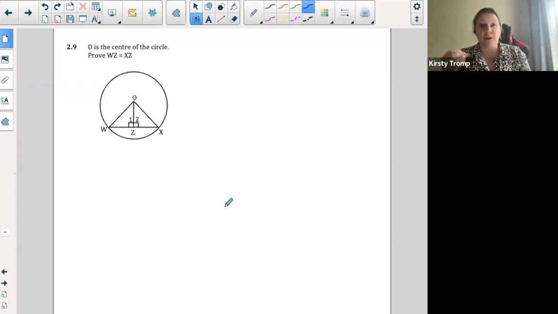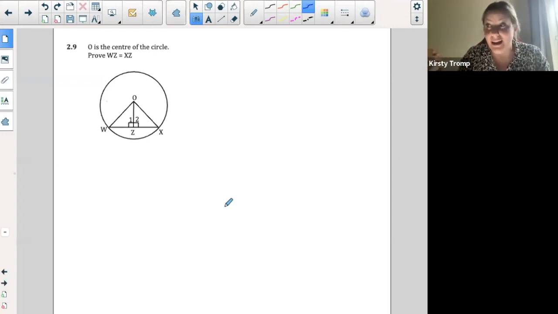Okay, so now I've got triangles that are inside of circles. Oh my goodness, what are we going to do? So what I'm going to remind you of here: if you normally get a circle, I want your brain to go immediately to the fact that in a circle, we get radii. And what do radii mean? Radii are all equal.